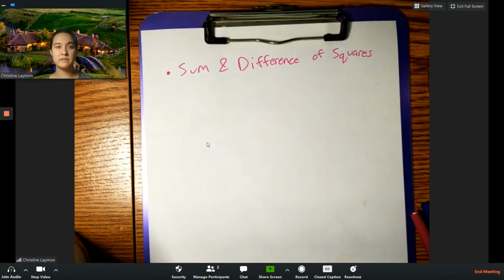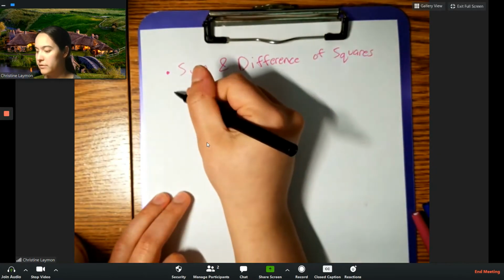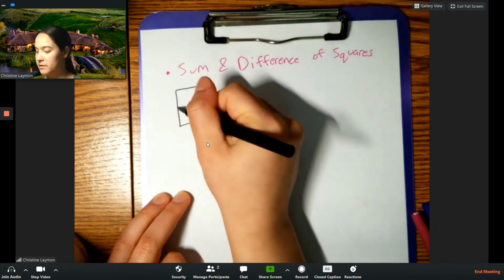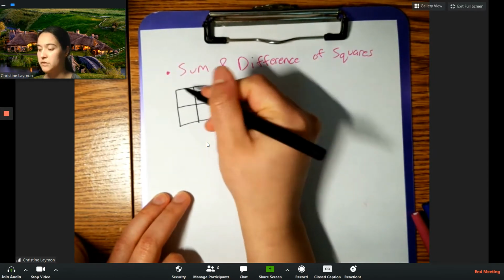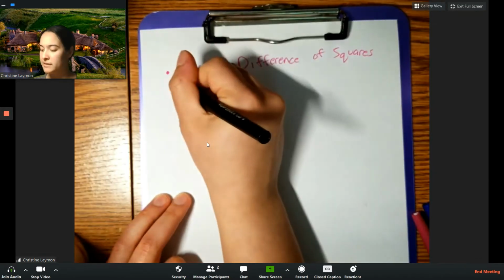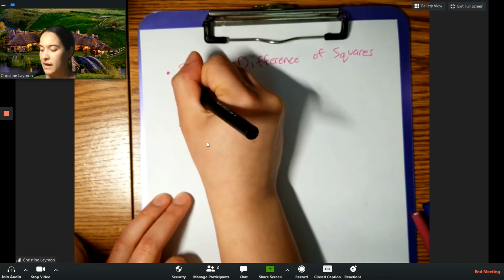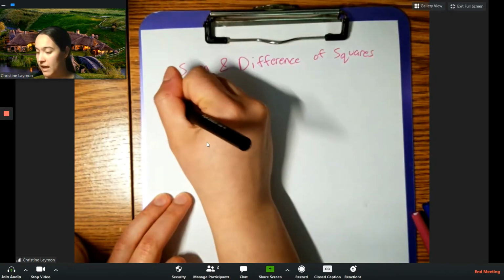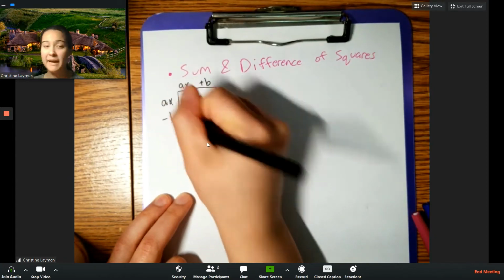Take a look at the sum and difference of squares pattern. So I'm still going to talk about this in terms of a square. This time, let's say that instead of the top and the vertical being the exact same thing, they're off by a sign. So let's say I have ax plus b, and then I have ax minus b.